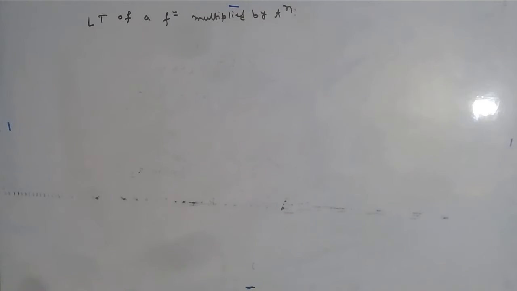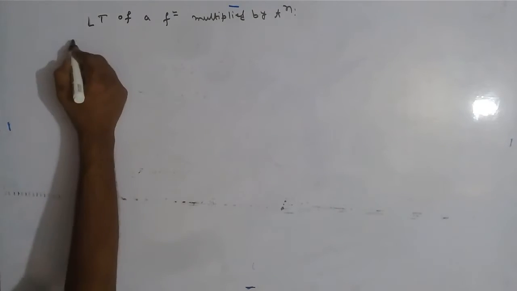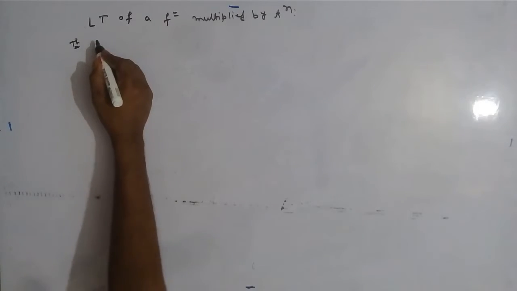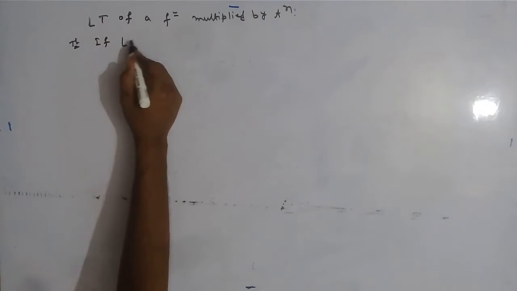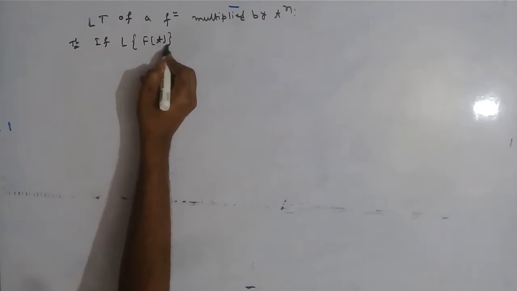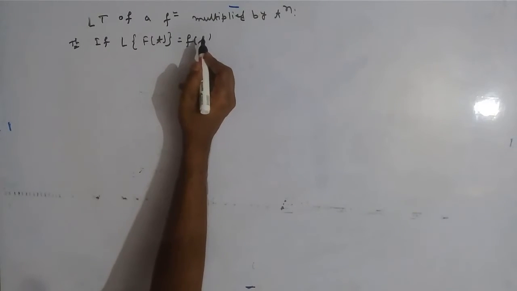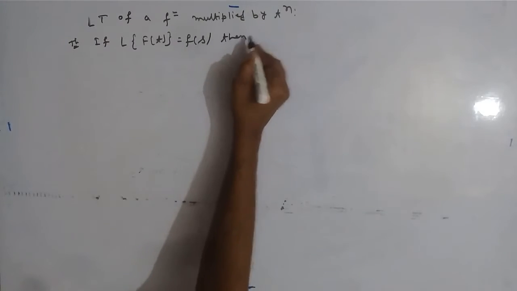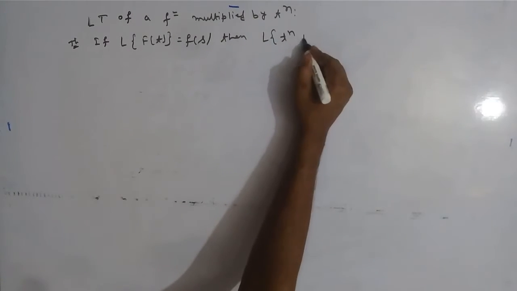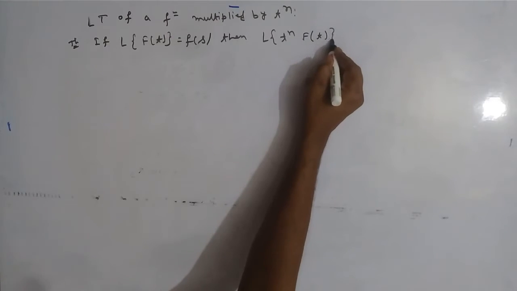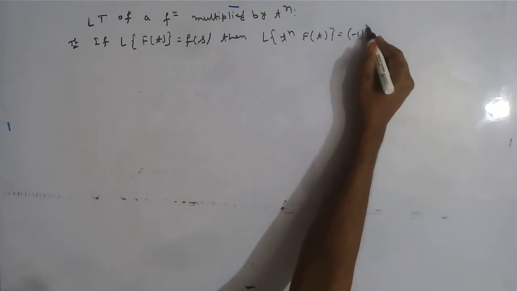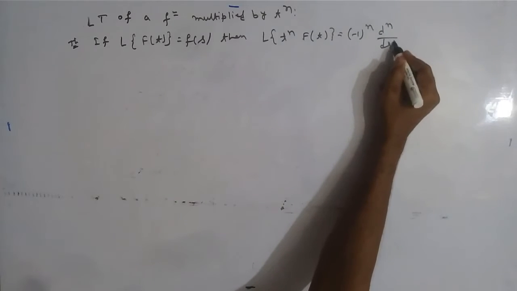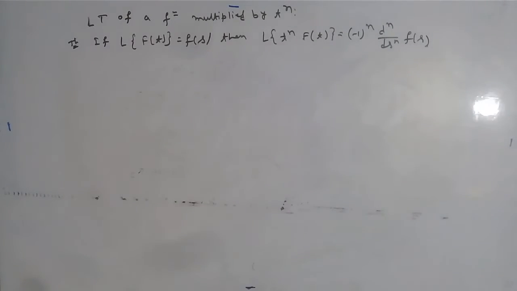The statement of this property is: if L of f(t) equals F(s), then L of t to the power n f(t) is equal to (-1)^n d^n/ds^n F(s). Okay, so we'll take an example for the application of this property.